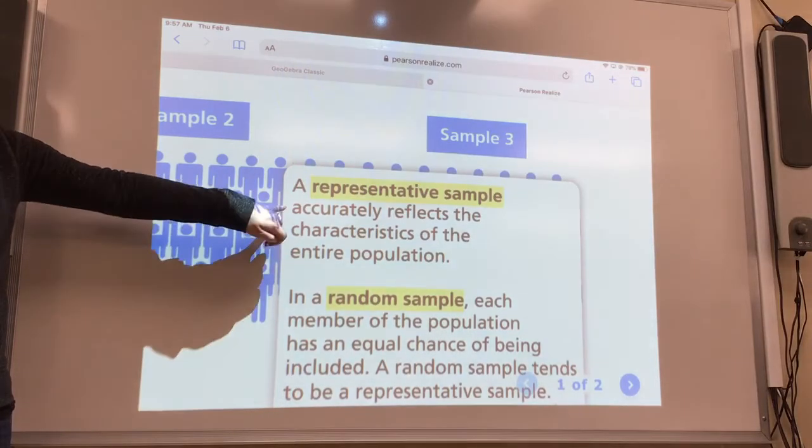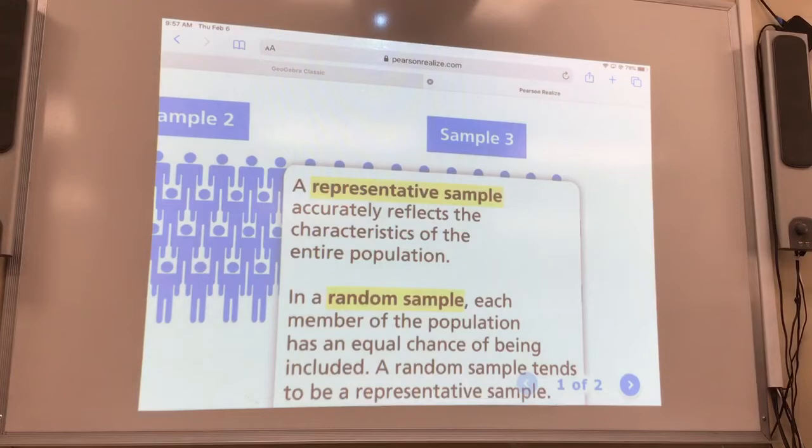It is a sample that accurately reflects the characteristics of the entire population.